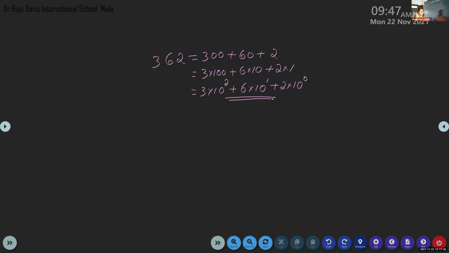This is expanding numbers using exponents.